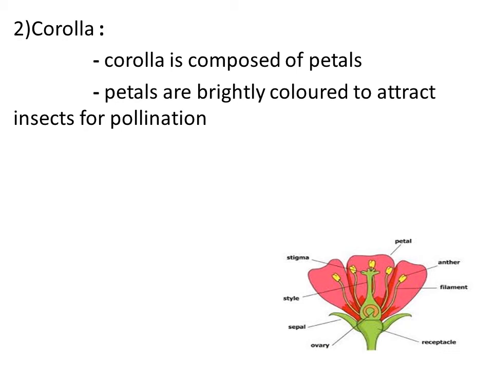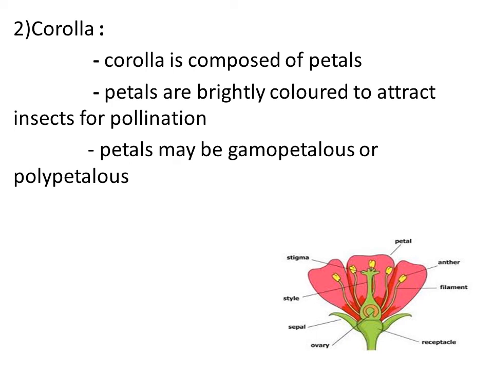So the corolla is the brightly colored part of the flower. The petals in different flowers show different conditions. Just as we studied the gamosepalous and polysepalous conditions in the calyx, in a similar way the petals in the corolla also show different conditions. In some flowers, the petals are fused with one another.